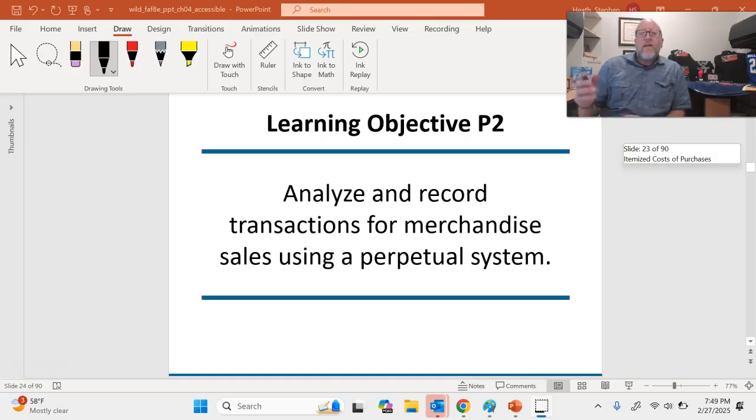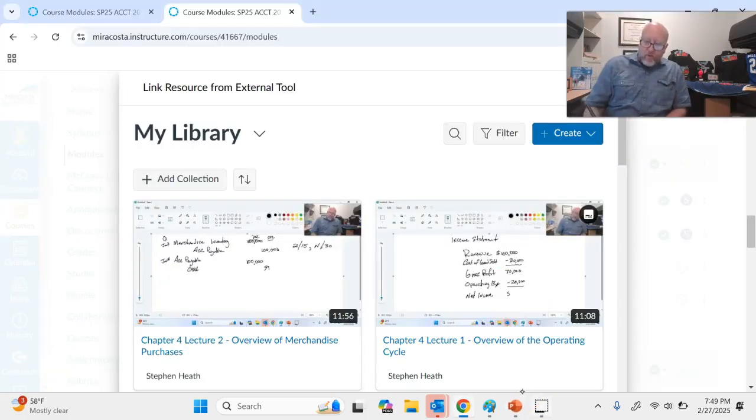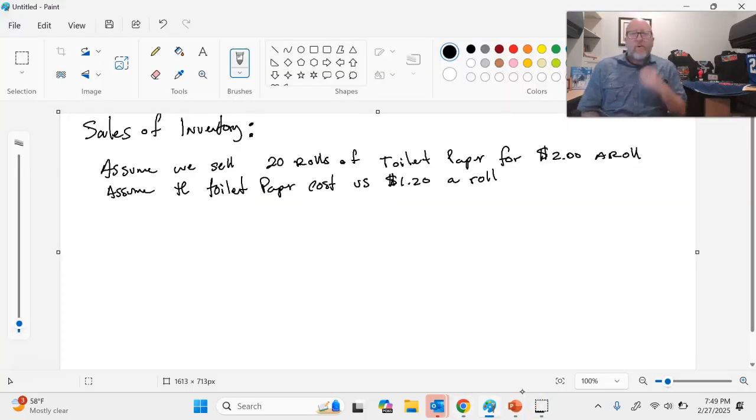Okay, so in a perpetual system, the first thing to keep in mind is that when we make a sale, we have to record two things. We have to recognize the revenue that we're generating, but then we also have to record the expense associated with the inventory we're selling.